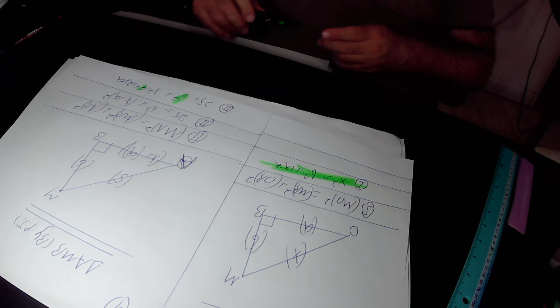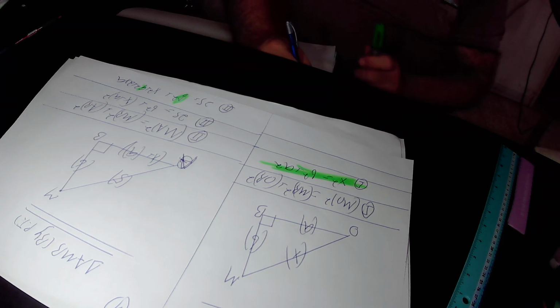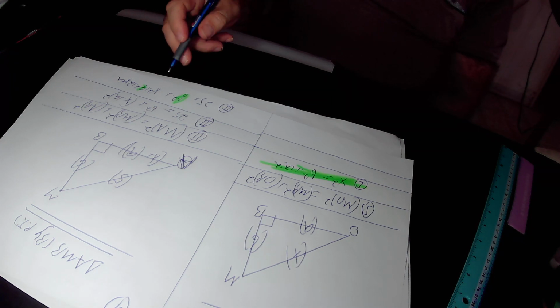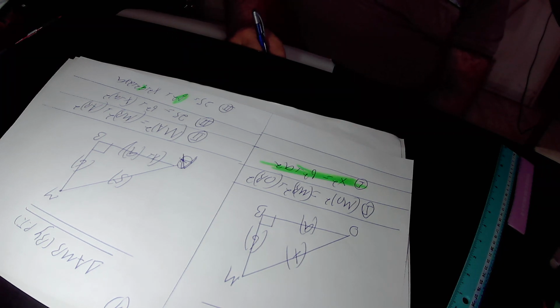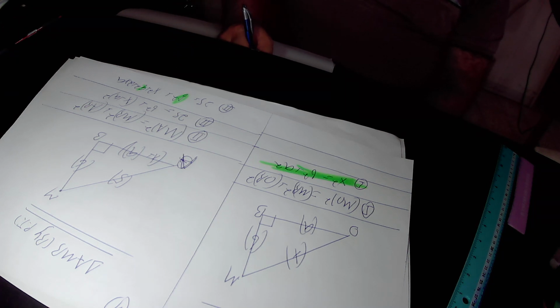We do it now, and we get that according to equation 2, 25 equals B square plus A square, which is x square according to equation 1. So we have x square again plus 2xa.